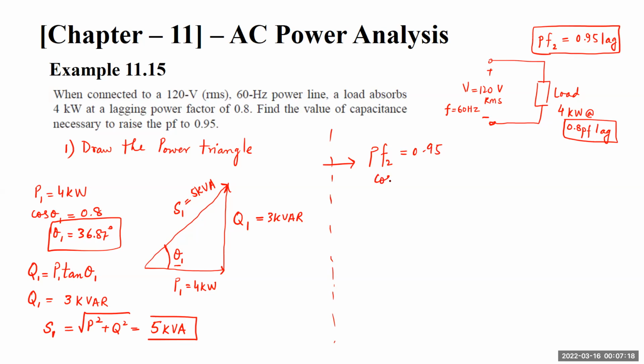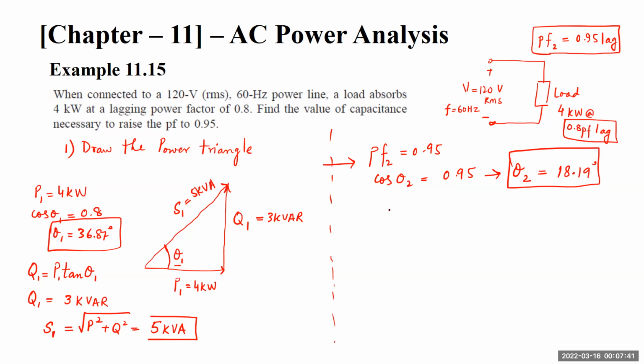It means that cosine of theta2, or the improved power factor, is 0.95, and theta2 is cos inverse of 0.95, and that comes out to be approximately 18.19 degrees. This is our new angle. So what will happen over here?